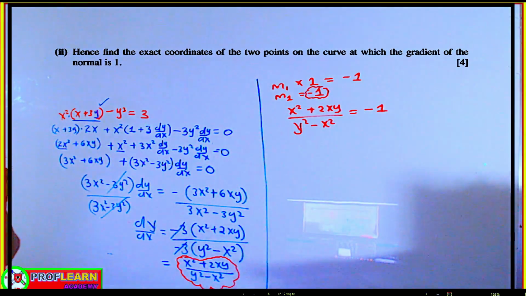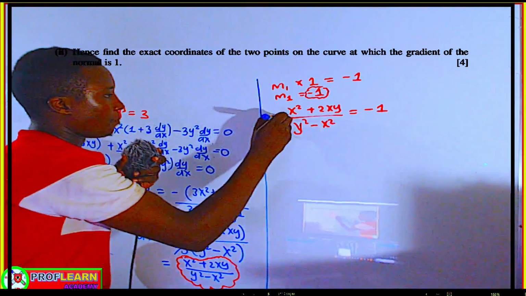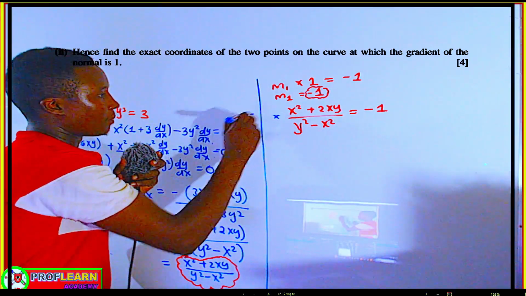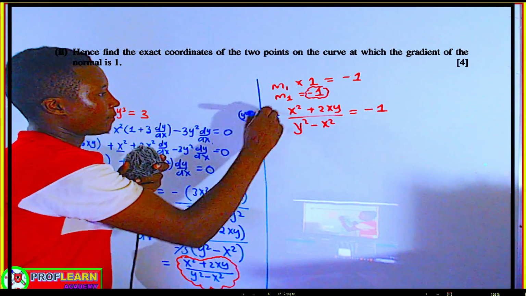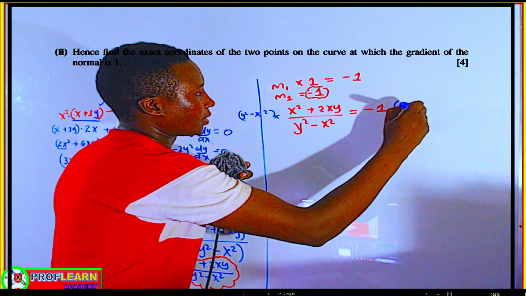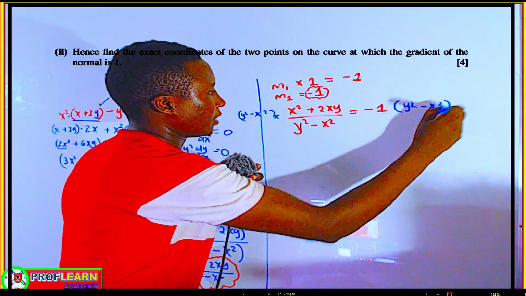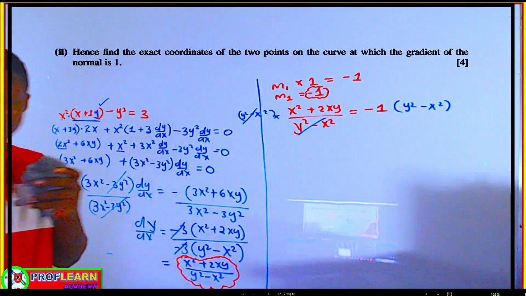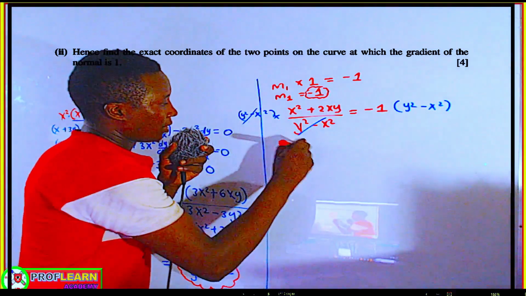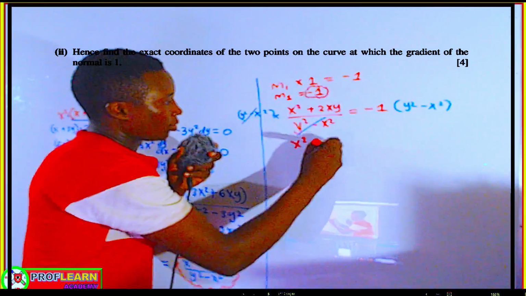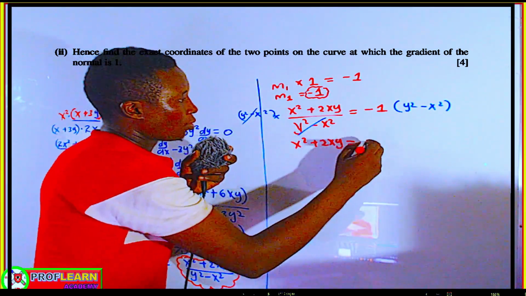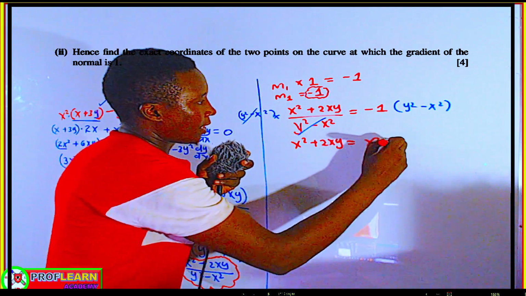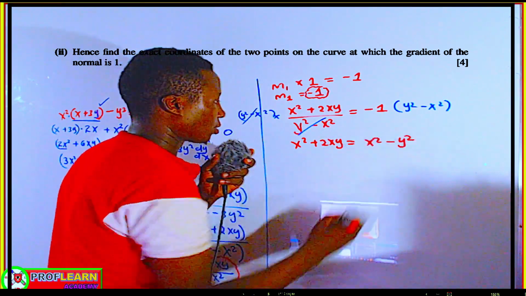At that given point, we multiply by y squared minus x squared on both sides, so that this part and this part cancel out, and we remain with x squared plus 2xy equal to x squared minus y squared.